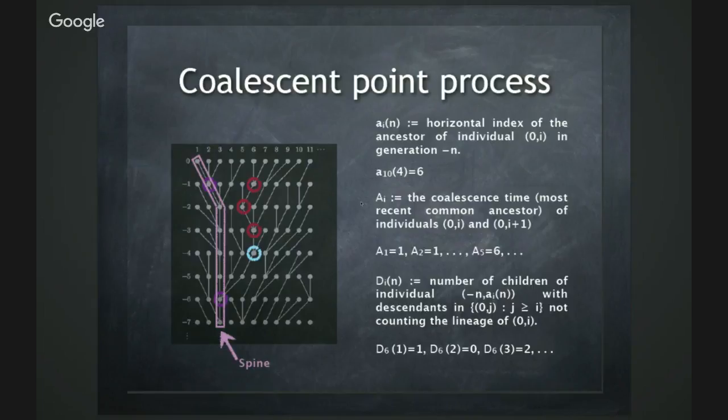And then once one has such a construction, it is quite easy to get the law of the most recent common ancestral times, which is just the number of generations back between any two extant species, and it can be calculated from the offspring distribution for this branching process. So, for example, here, it is clear from this embedding that for species 1, 2, and 3, the most recent common ancestor is in generation -1, and then for the individuals 6 and 1, the most recent common ancestor goes all the way back.